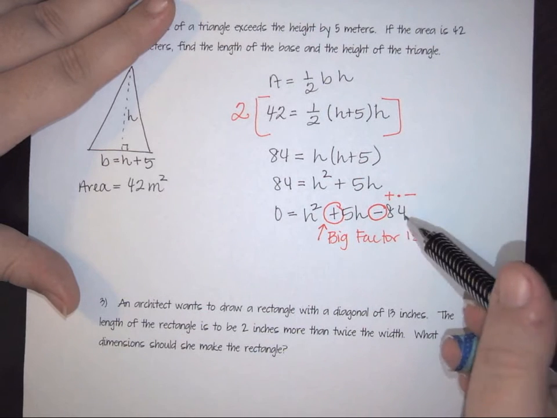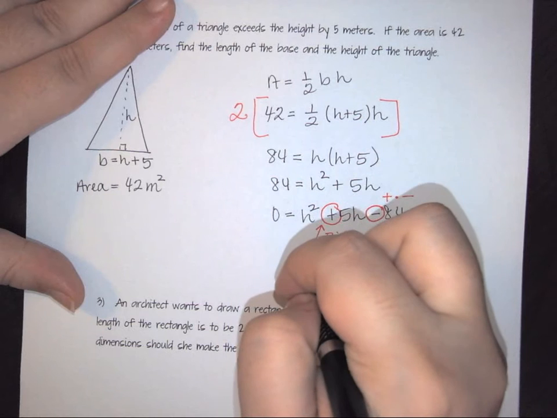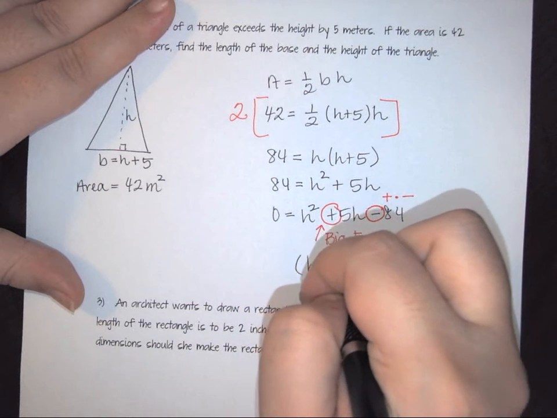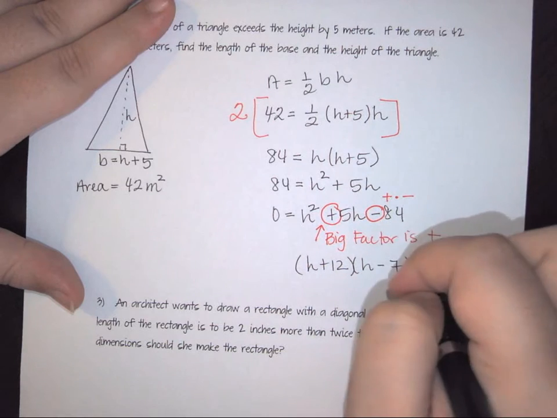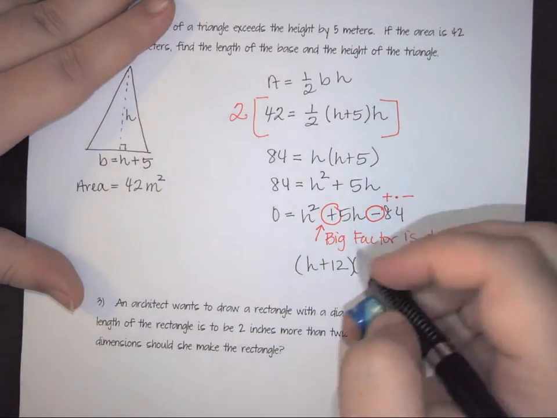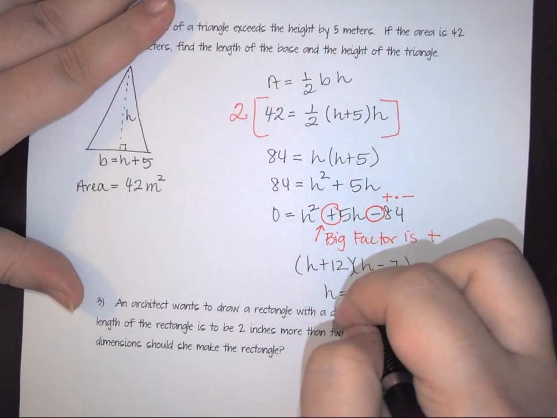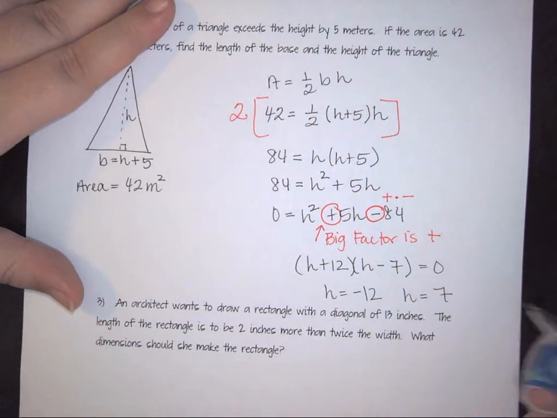So we need factors of 84 that are going to combine together and give me 5. So in this case, we're going to end up with h plus 12 times h minus 7 equals 0. Set each equal to 0 and solve. We get h equals the negative 12 and h equals 7.